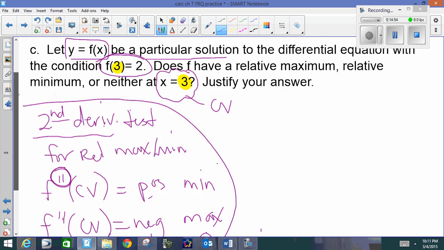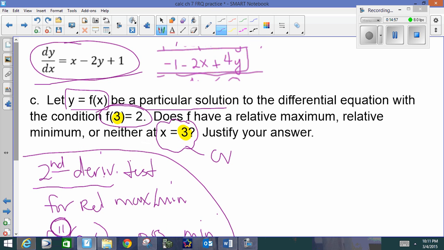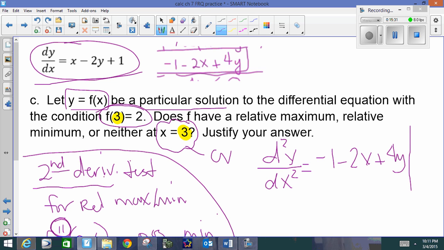All right, so let's see at 3, 2. So d squared y, I forget how we write this. Okay, yeah, that's what I was thinking. Let me try that again. Okay, d squared y over dx squared equals -1 minus 2x plus 4y. Okay, this is a second derivative test, so we want to know what's going on at 3, 2.